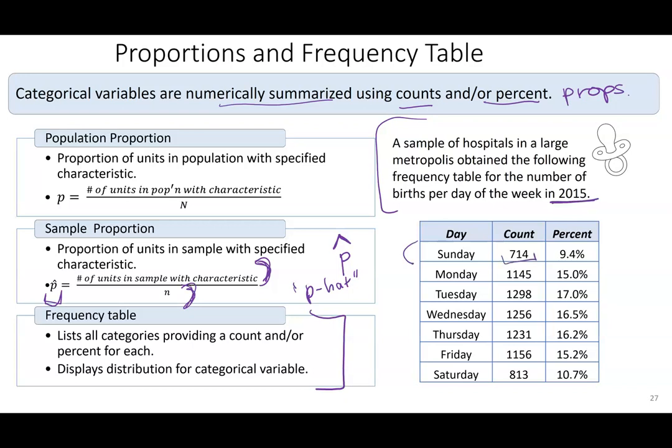So 714 babies were born on Sundays. 1,145 were born on Mondays, and so on. So I have 7 categories here, and I have the count. I also have the percent. So this would be my frequency table.